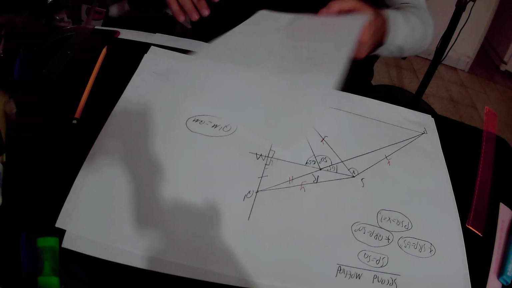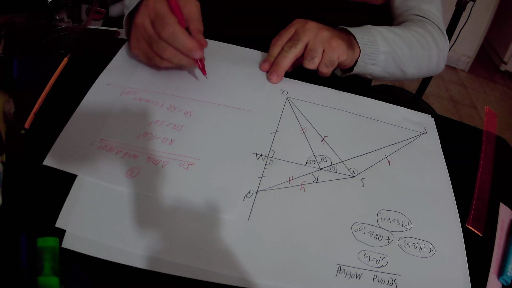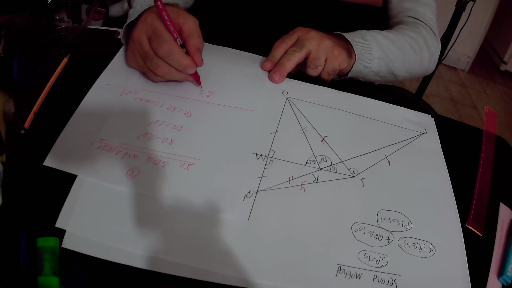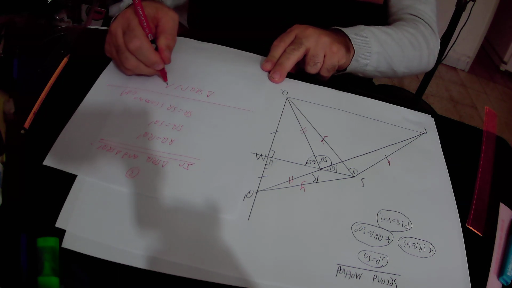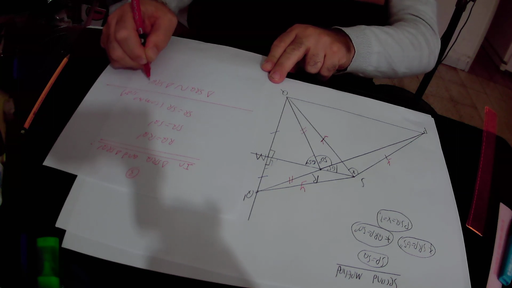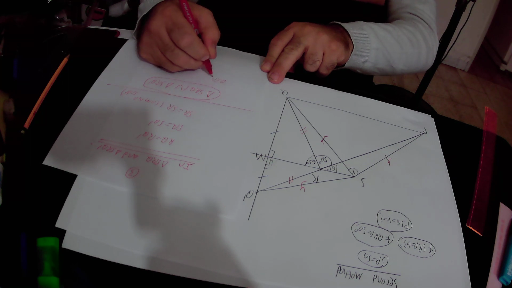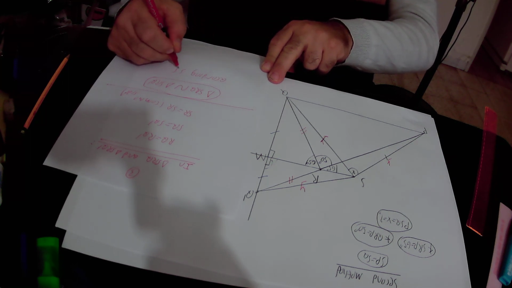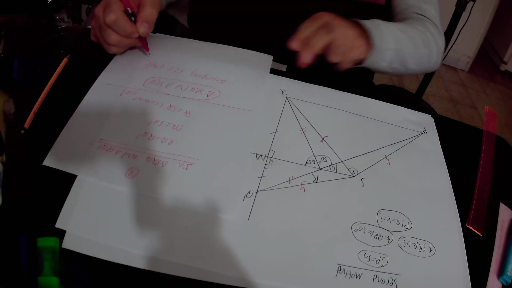So I write it down. Triangle SRQ can go to triangle SRQ dash according to the side rule. So what is the side rule?